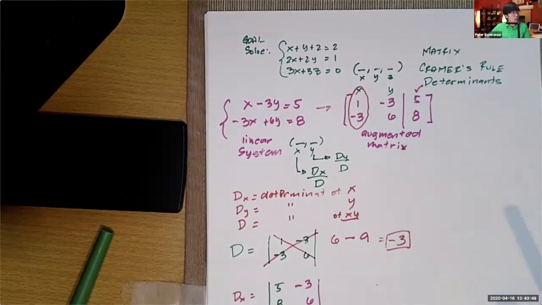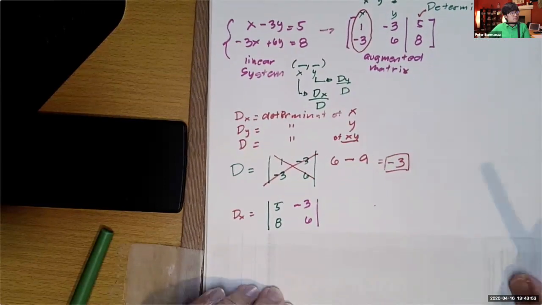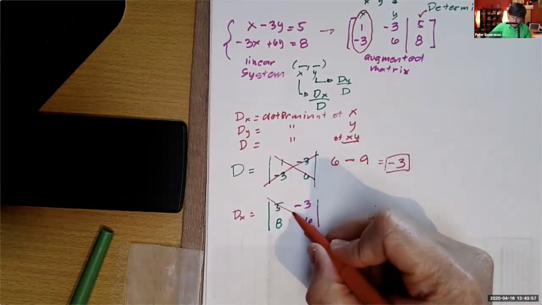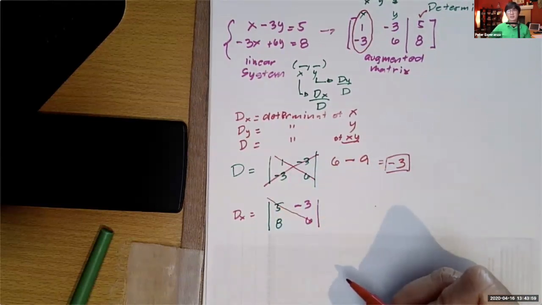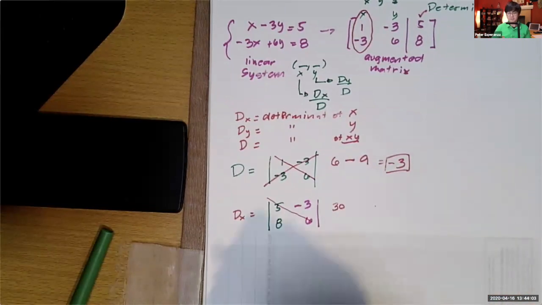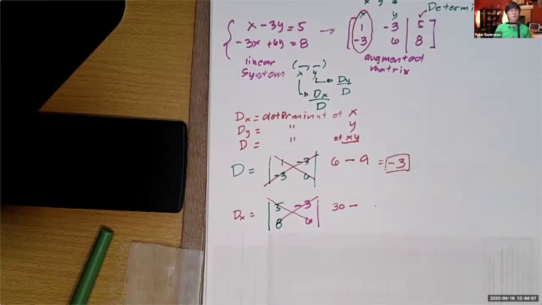You replace the column of x with the right-hand side. So now we'll find the determinant of that matrix. 5 times 6 is 30. Minus negative 3 times 8. What is negative 3 times 8?